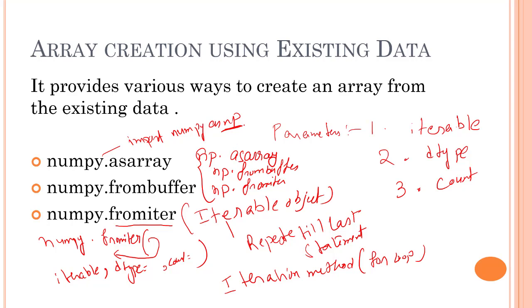Whenever we use this alias name, you go with this; if not, you can go with numpy. So this is how we use existing data to create an array. Those are the different methods to create this particular thing.